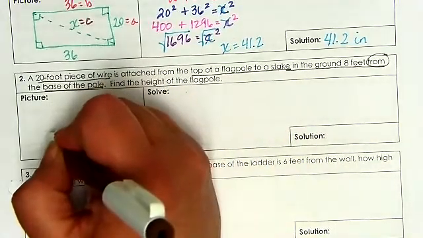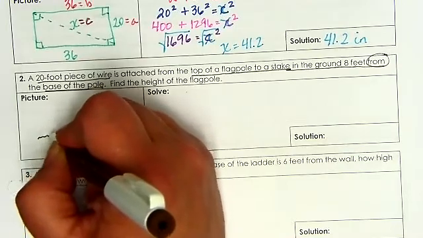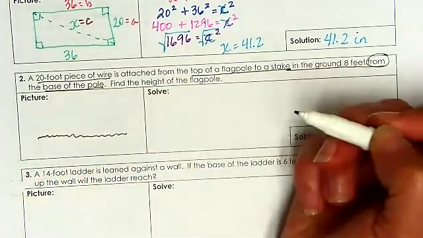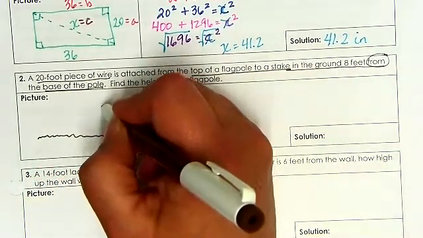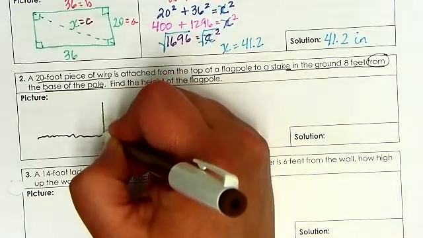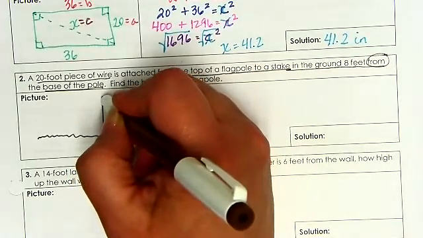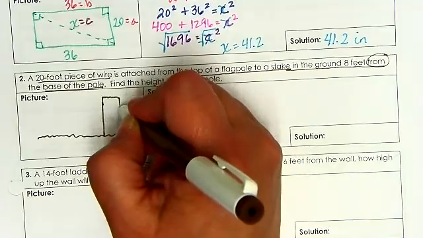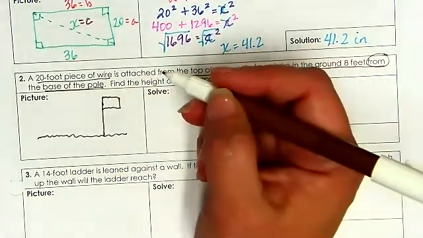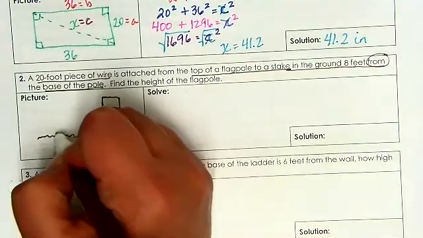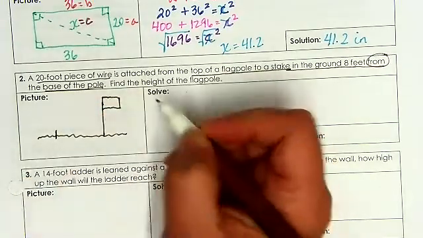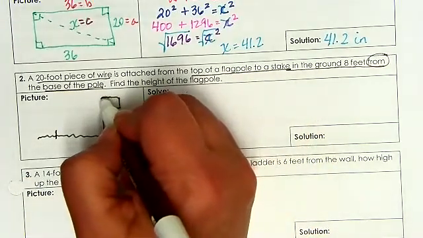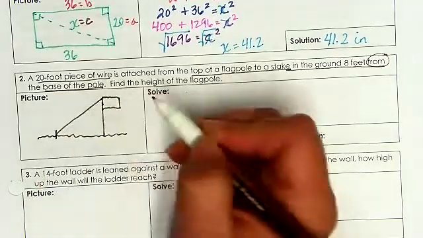So here's the ground. Here's my flagpole. All right. The stake is located here. So my wire is going to go from here to here.